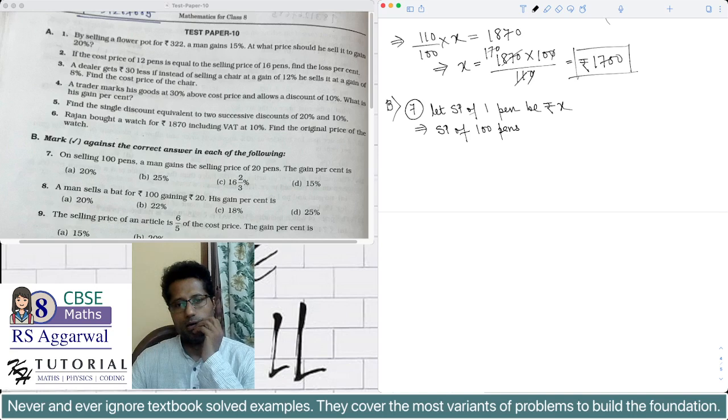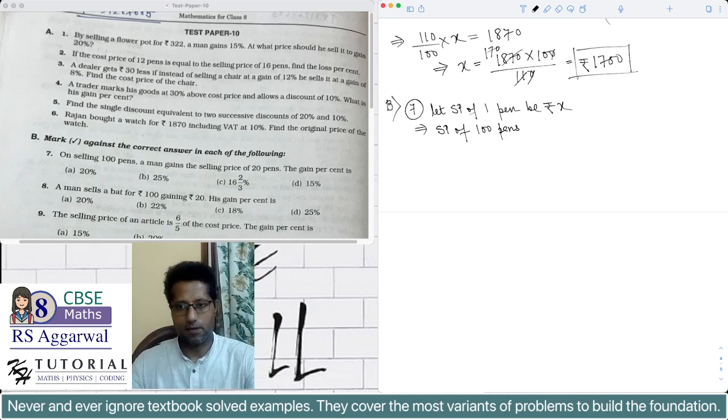I will prefer to find the gain percent based on the selling price and cost price of one pen.